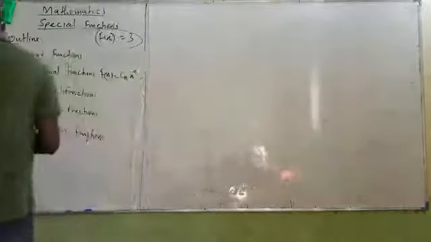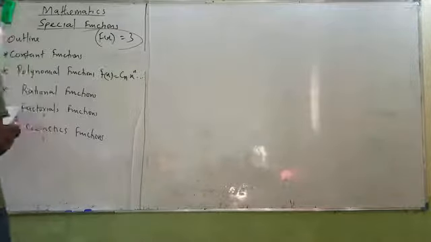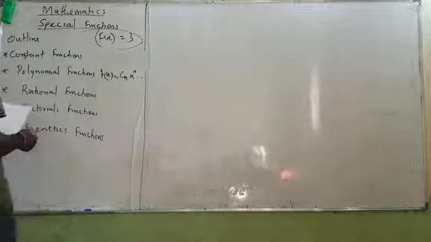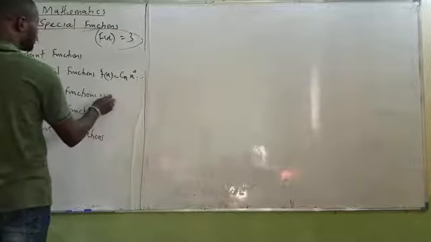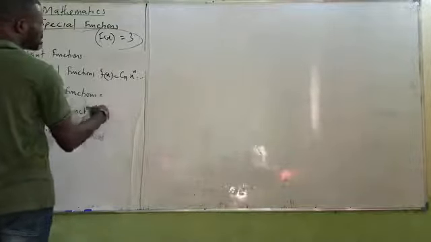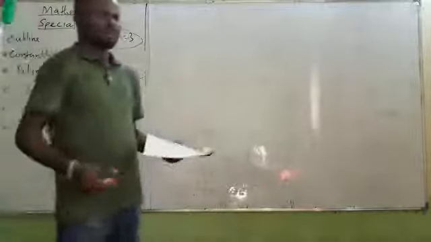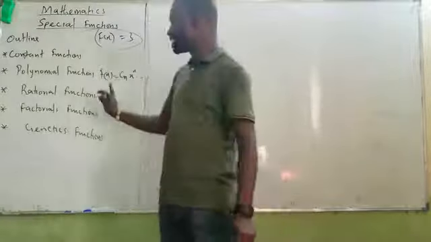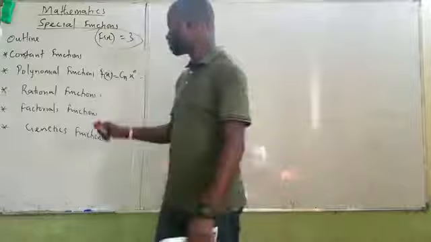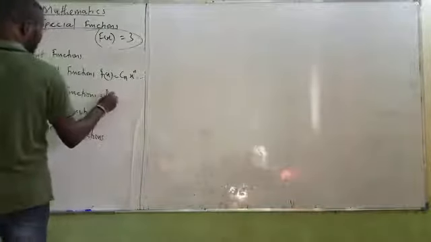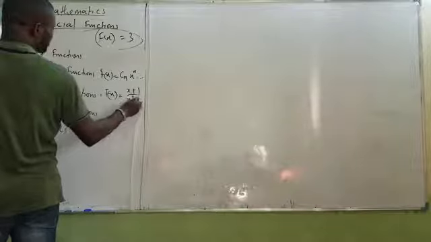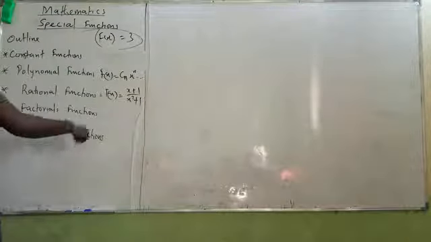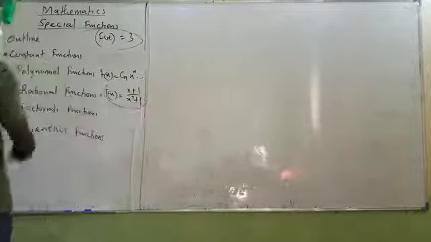Now, when we talk about a rational function, we are talking about something in the form of division. A partial fraction is a very good example of a rational function. For instance, f of x equals x plus 1 divided by x squared minus something. These are very good examples of a rational function.